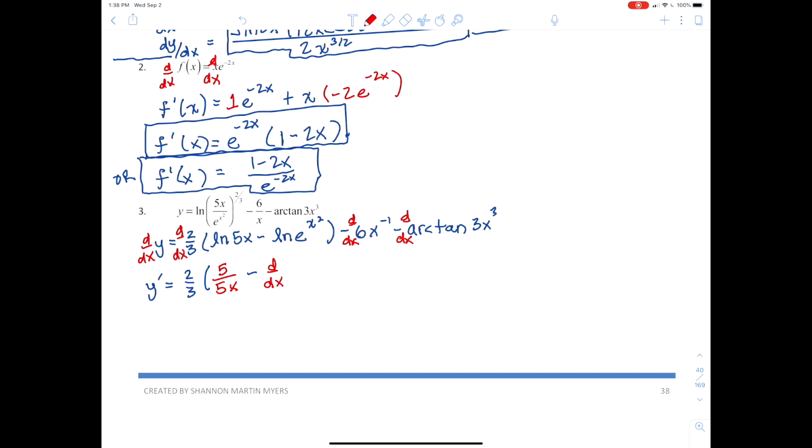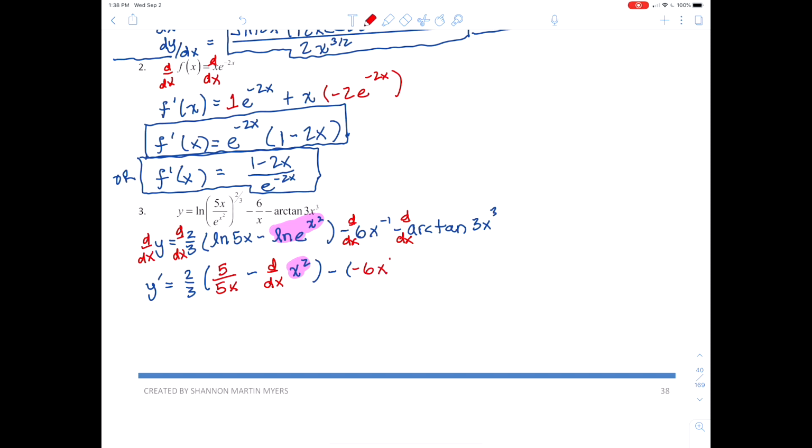When you're evaluating the natural log of the natural exponential, you just get what's in the power. So this would be d dx of x squared. So I just rewrote this one as this, and I haven't yet differentiated. Cool? All right, so now I'll have minus, and then when I differentiate this guy, what am I going to get?